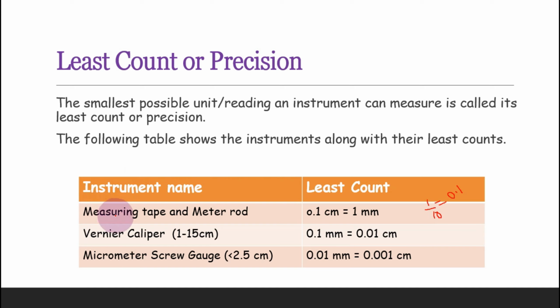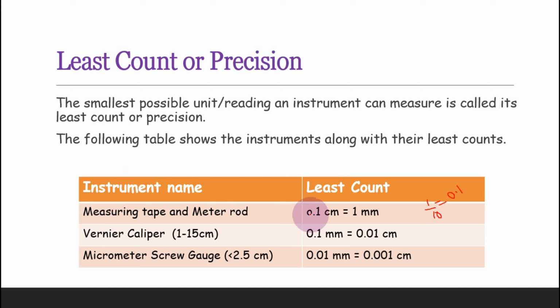Similarly, we have other instruments. The table given shows measuring tape or meter rod. The least count is 0.1 centimeter or 1 millimeter. Vernier caliper has a least count of 0.1 millimeter or 0.01 centimeter. Micrometer screw gauge has a least count of 0.01 millimeter, or that is equal to 0.001 centimeter.